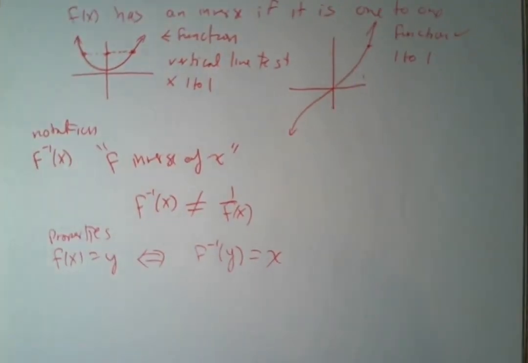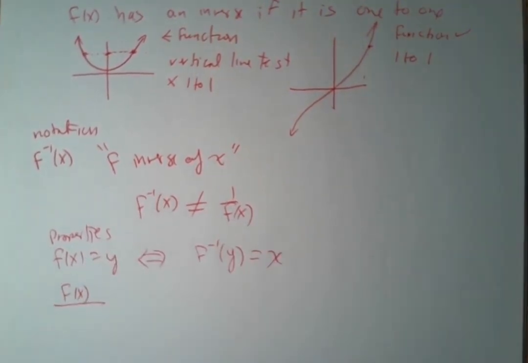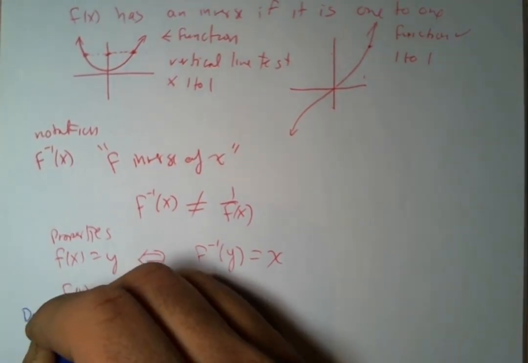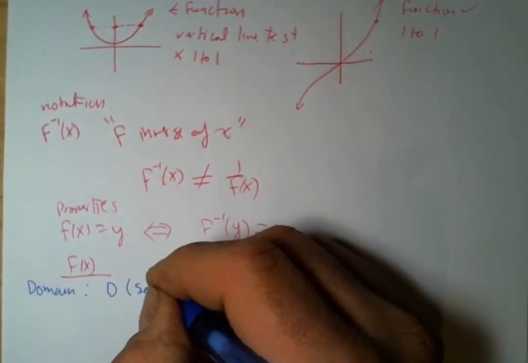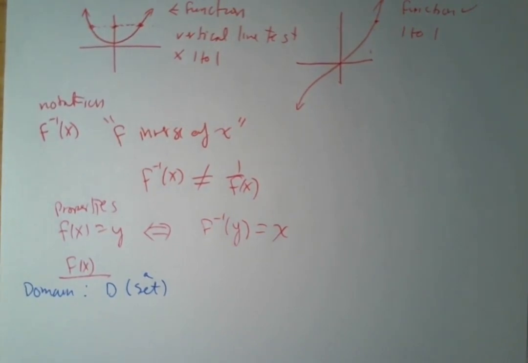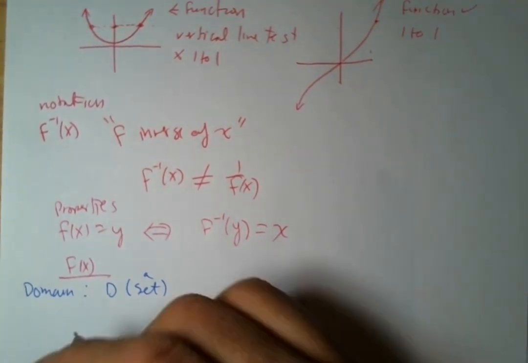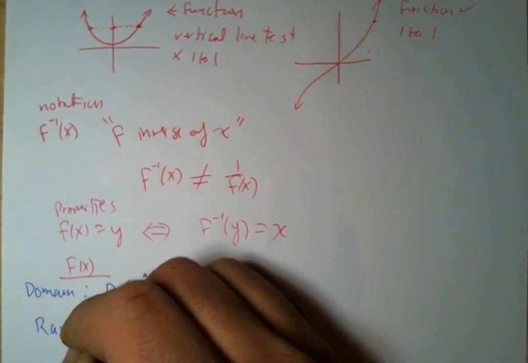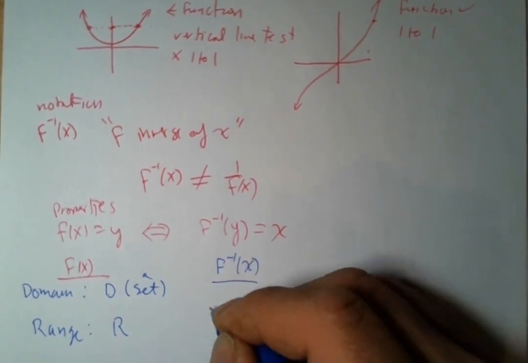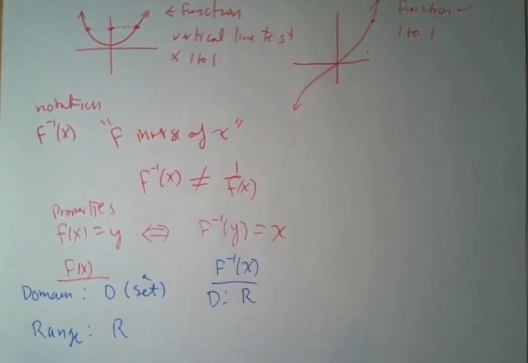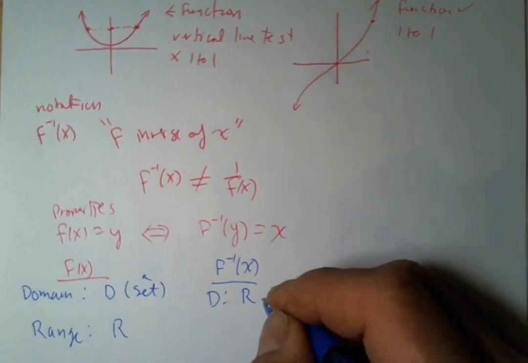In other words, if we know the domain for f of x is D, some set, written in interval notation, but here we'll just leave it very general, just some set D, and the range is some set R. For the inverse of x, the domain now becomes the range, because we changed the input and the output.